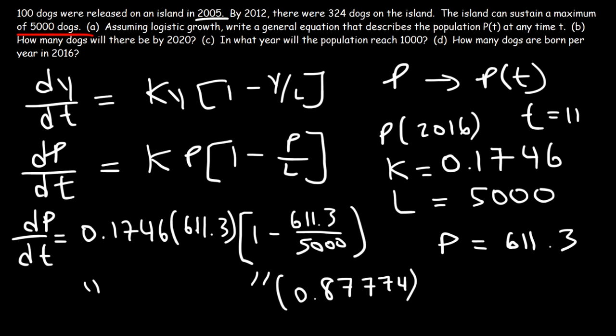So if we take 0.87774 and multiply by 0.1746 times 611.3, then we're going to get 93.68. So that's going to be the dP dt.